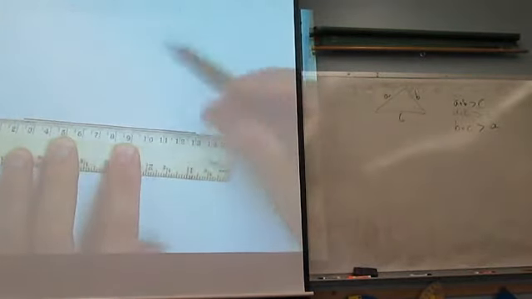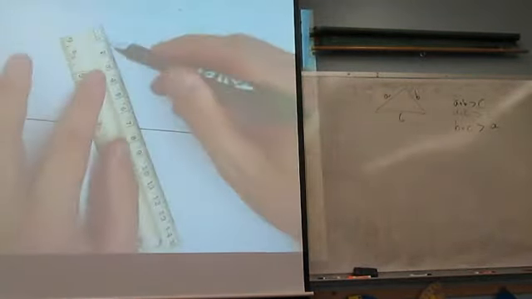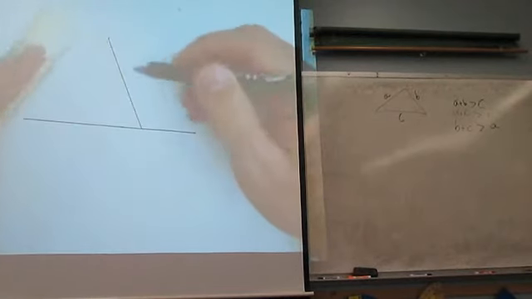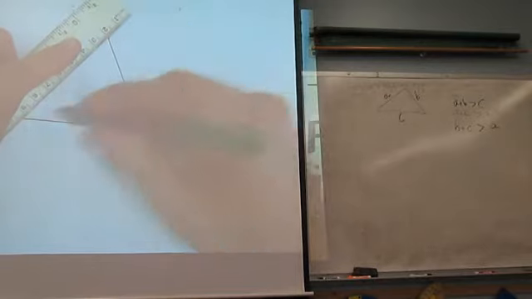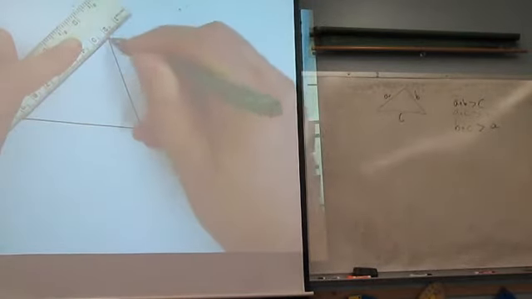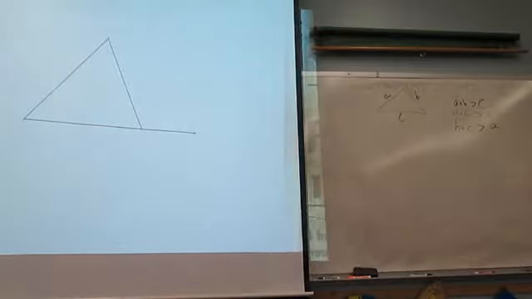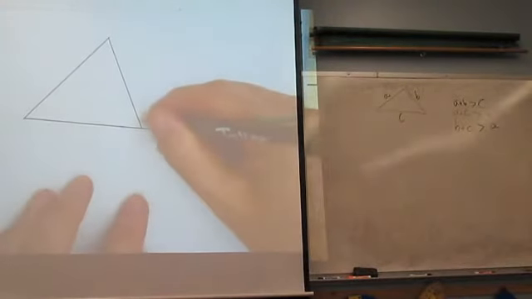Go ahead and on your paper, sketch a triangle. Extend one of the sides though. So as you go along, make a triangle with one side extended. Then we're going to measure 3 angles.